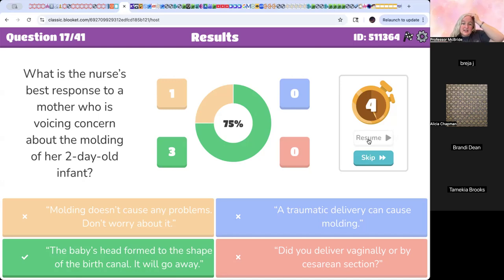The other thing we can see that's really normal and goes along with the molding is maybe some swelling where the presenting part was coming through the birth canal. This swelling crosses suture lines and is superficial. Does anybody know what I'm thinking of?